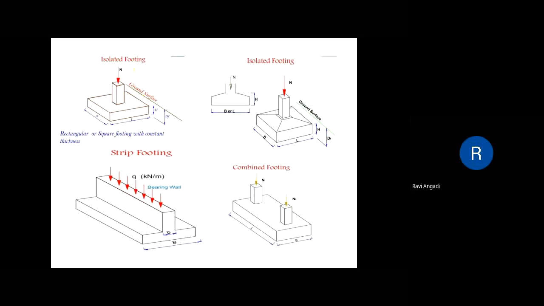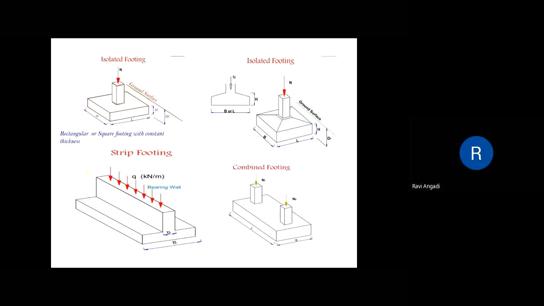Here you can see the isolated footing, which is a shallow foundation, the strip footing here, and the combined footing here. You all know when and where these kinds of footings will be provided.